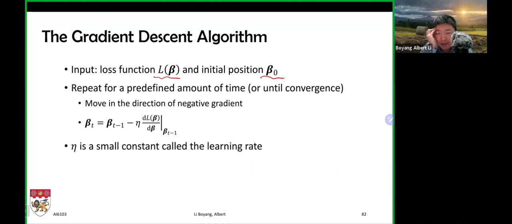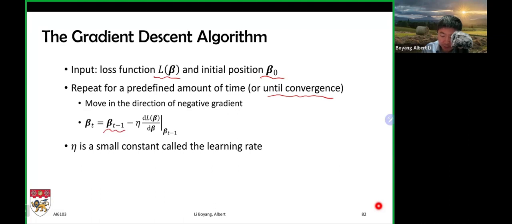We're going to repeat the following 2 steps over and over again until a predefined number of iterations has passed, or until the function value stops changing very much. If the function stops changing, we would say the optimization has converged. So the idea is to move in the direction of the negative gradient.